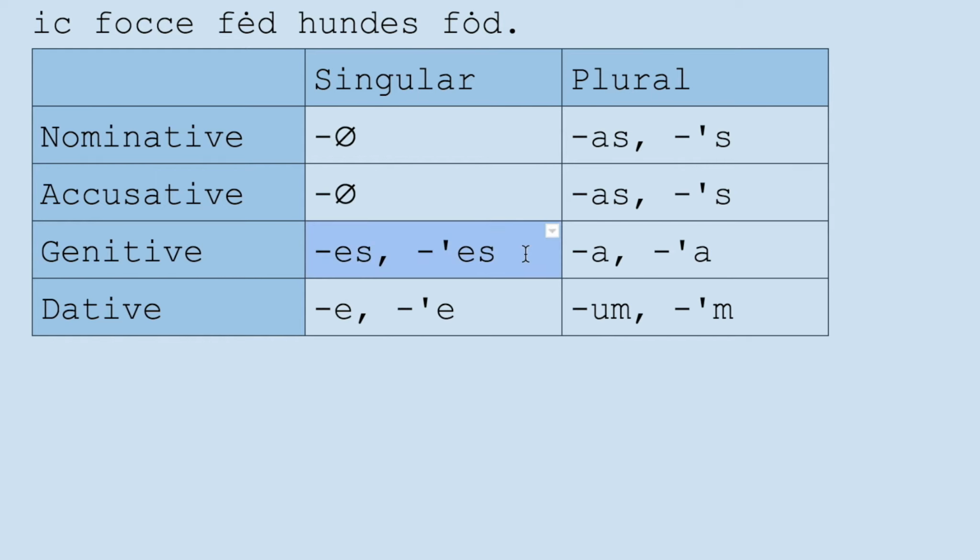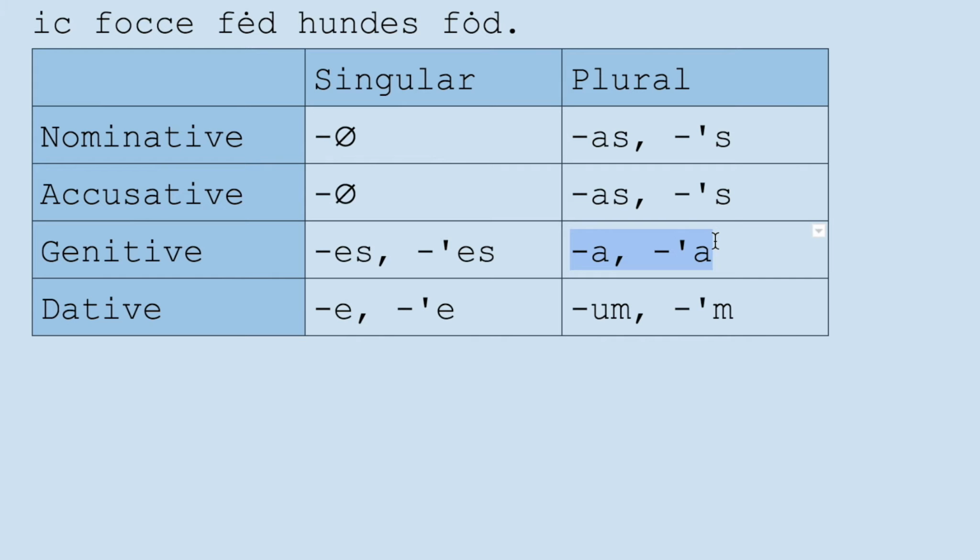But moving on to genitive, we have this ending here, this S. This actually isn't es, as it looks. It's pronounced a bit more like is. So I'll get to the vowel ending version of that in a bit. This is pretty standard. It's ah.